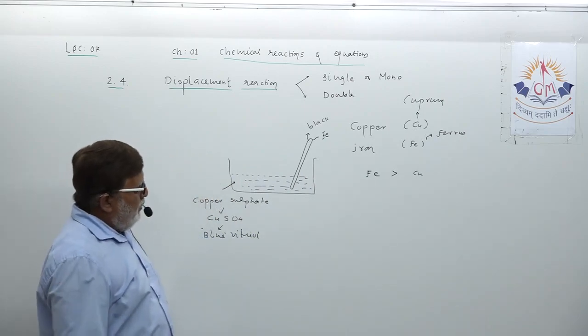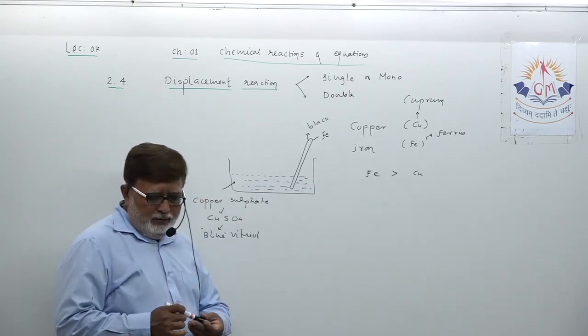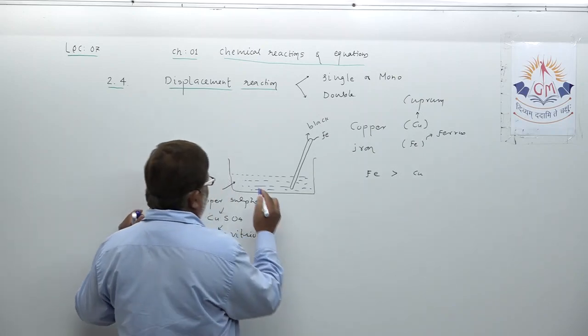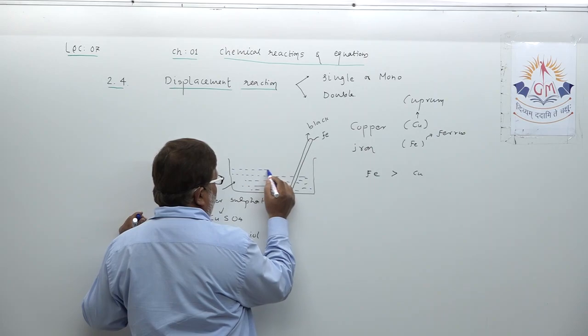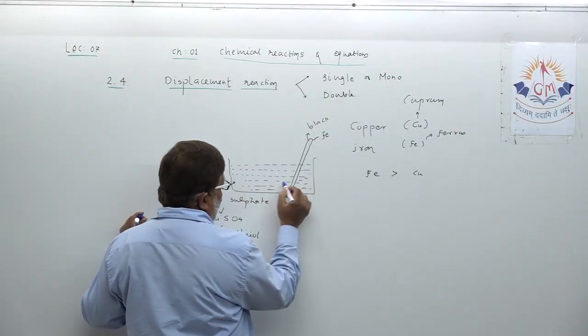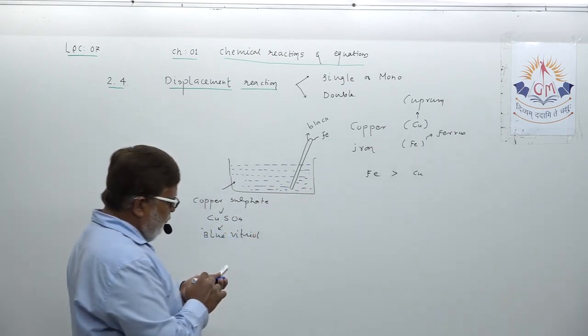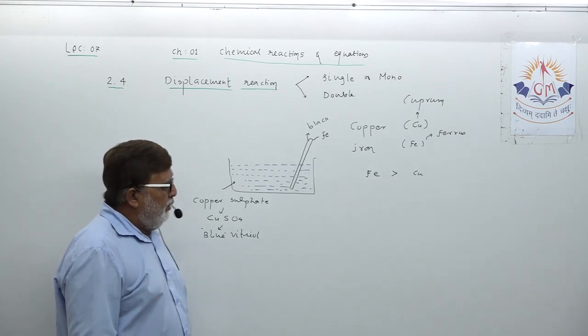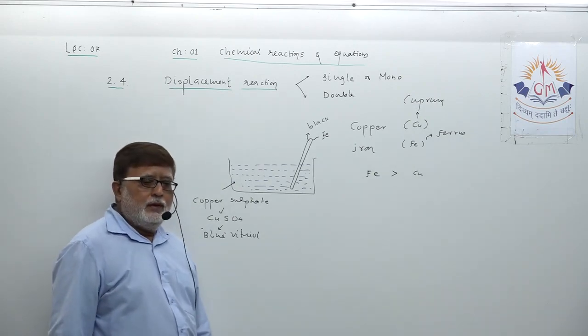So we are trying to understand the single displacement reaction in a better way by one activity. Blue colored copper sulfate solution, blue vitriol, in which we have kept a black colored iron rod.